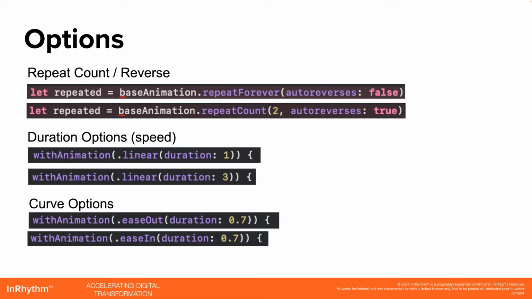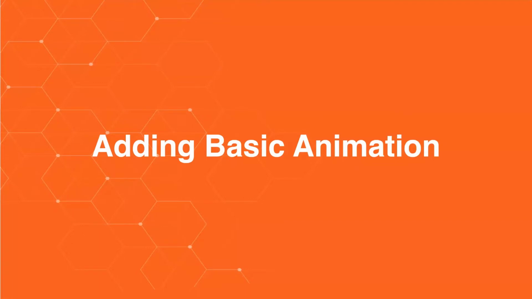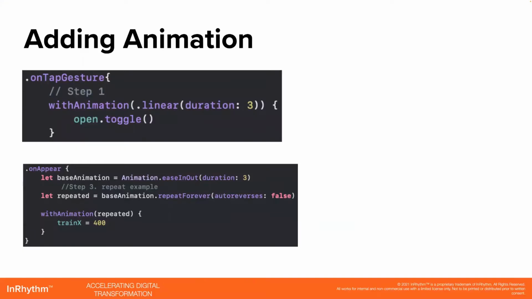We're going to jump into a quick basic animation, show you some of the pieces that you can have controlled by the animation. When you're adding an animation, there's a handful of different ways that you can do it.